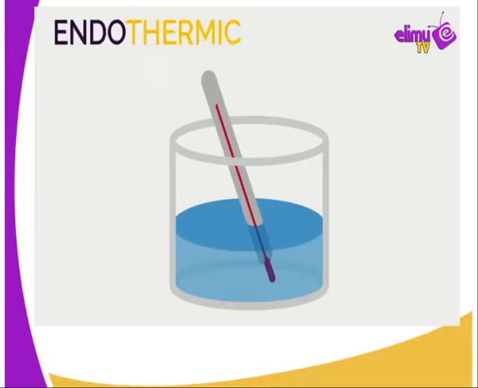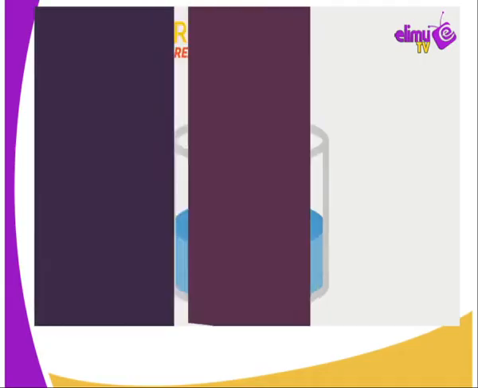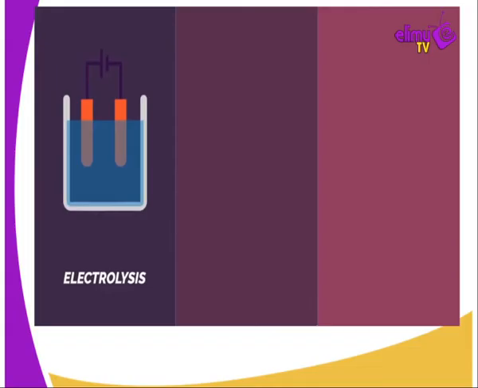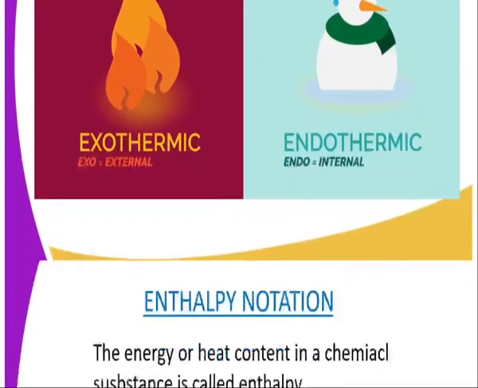We can consider the reaction of a base and a metal that may lead to a decrease in temperature. Also electrolysis, sodium carbonate and ethanoic acid, as well as photosynthesis. It leads to absorption of energy from the surrounding.